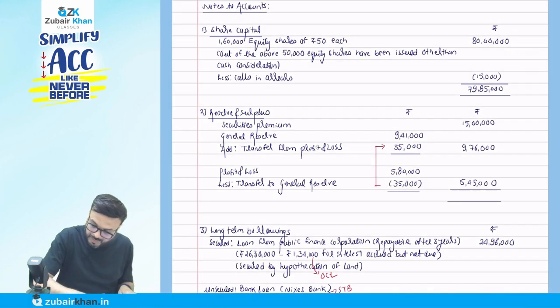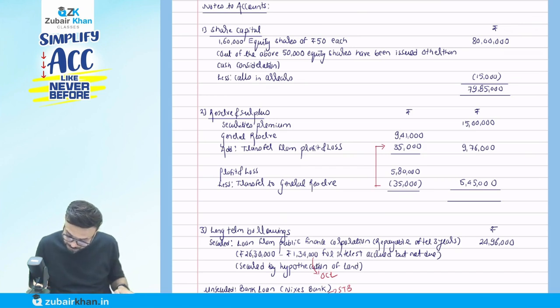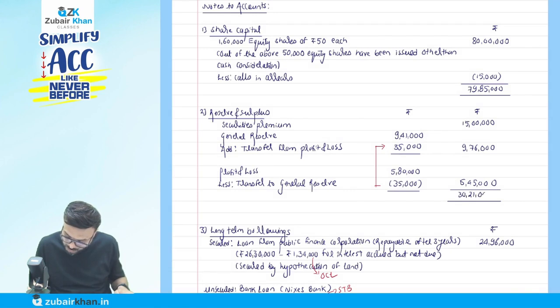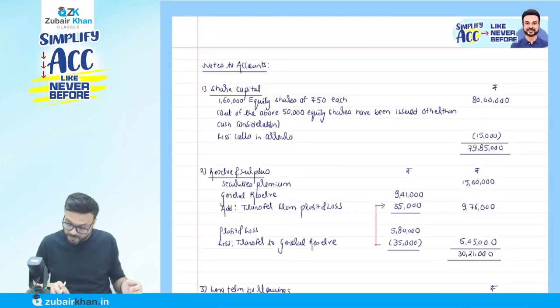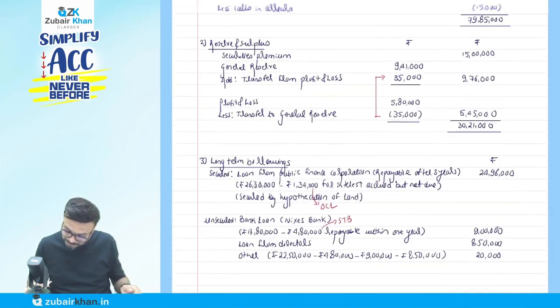That is 15 lakh plus 9 lakh 76,000 plus 5 lakh 45,000, that is 30 lakh 21,000. Write down there 30 lakh 21,000.